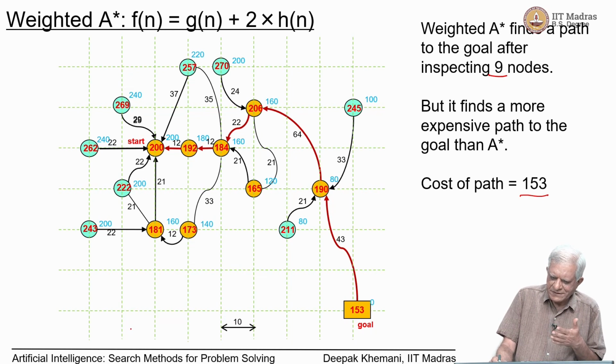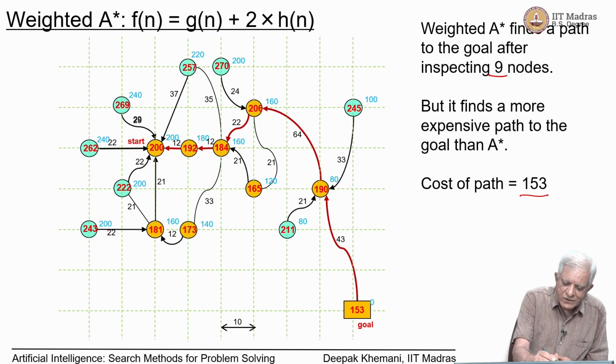If you look at the weighted A star for the same problem, where we have used 2 into h of n, you can see that here the f values are not increasing, here they are actually decreasing essentially. That is because the heuristic function is no longer underestimating the distance.